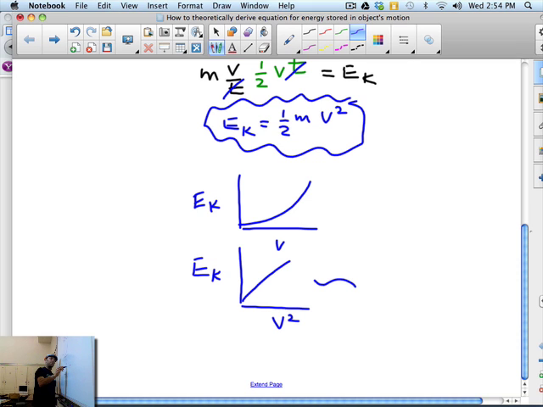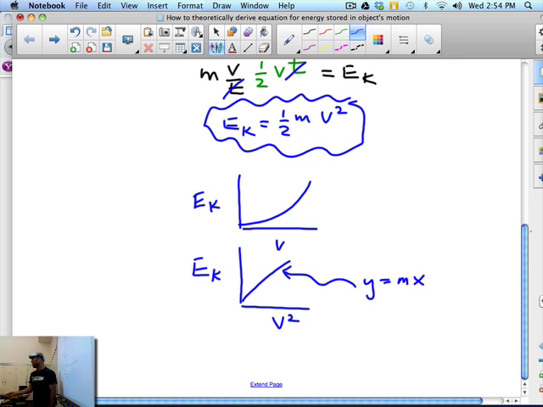Now, here's the trick. This is where you'll know right away if it came out beautiful. When you write an equation in the line form, y equals mx plus b, can I ignore b? If the velocity is 0, what should the kinetic energy be? 0. So can I ignore my intercept?